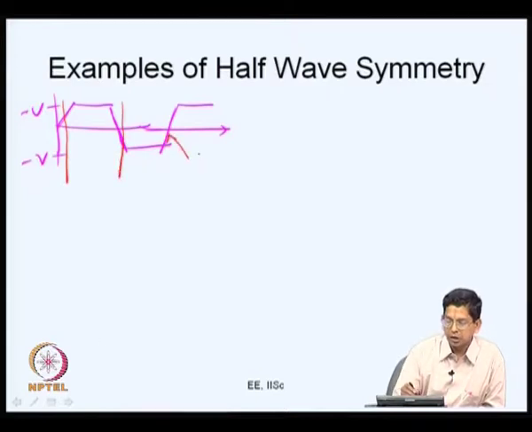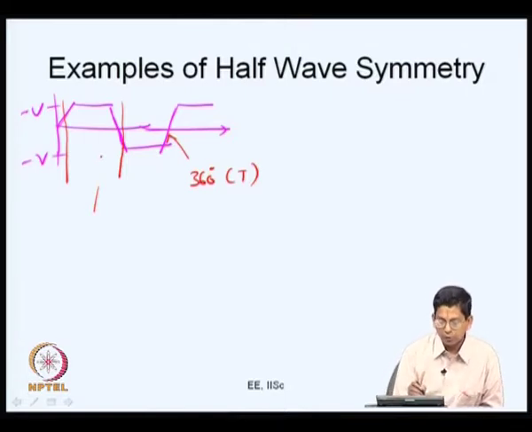This is 360 degrees, which corresponds to T in terms of time, and this is 180 degrees, which corresponds to T by 2. So, whatever it is at theta, at 180 plus theta its value is the negative of whatever it was at theta. This is one example of half wave symmetry.